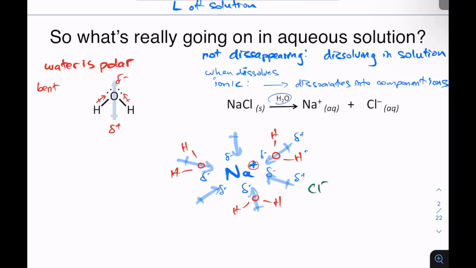But when you put it in water, it's actually more stabilizing overall for them to dissociate and be stabilized by this interaction with the water molecules, more stabilizing than the otherwise attraction for the sodium and chloride ions to themselves.